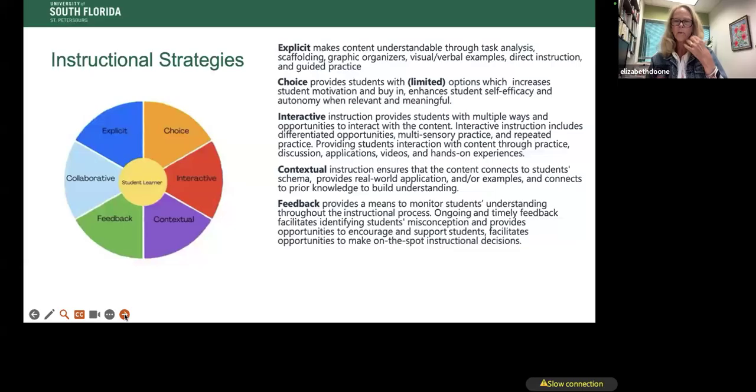So misunderstandings are not a problem, but we want to work through them. We want to encourage our students, support them, facilitate that on-the-spot decision-making for a teacher, because if I realize, walking around, that I've just taught a concept and nobody's getting it, that's an important point to say I need to reteach rather than continue with this lesson and give them the independent practice because students aren't ready for it. And that's when we might have to adjust the timing of our own lesson.